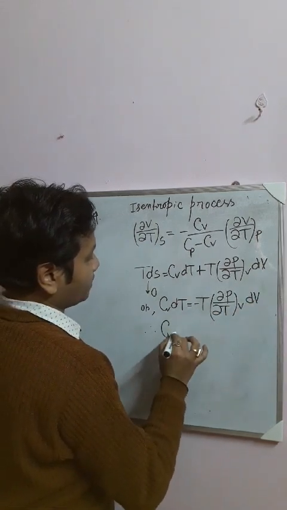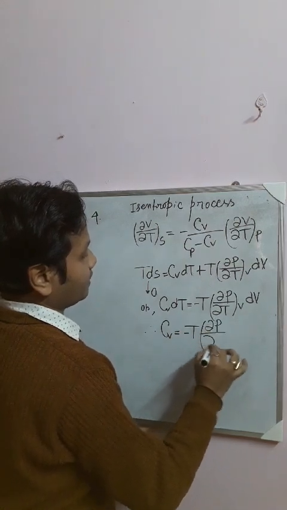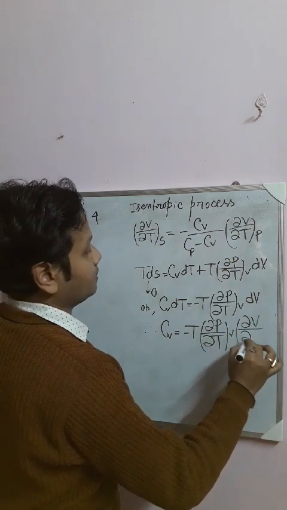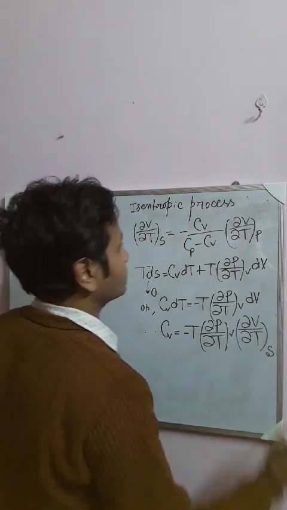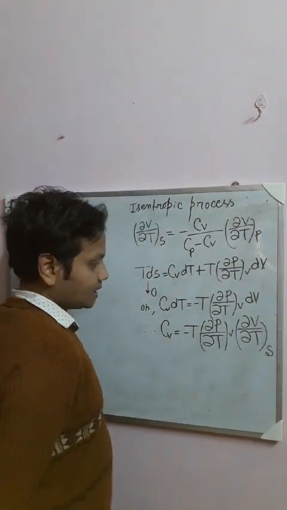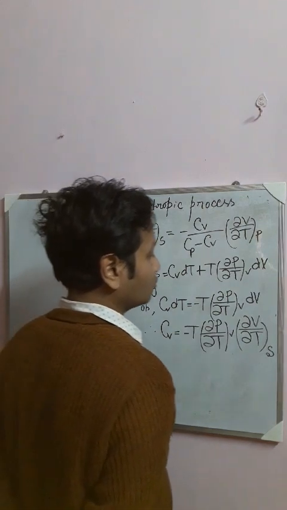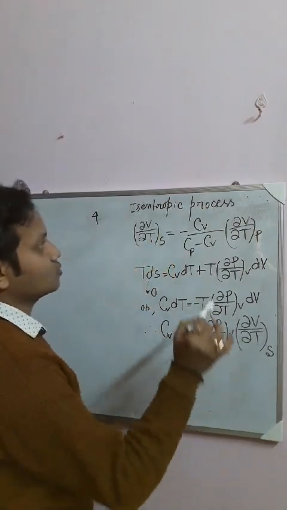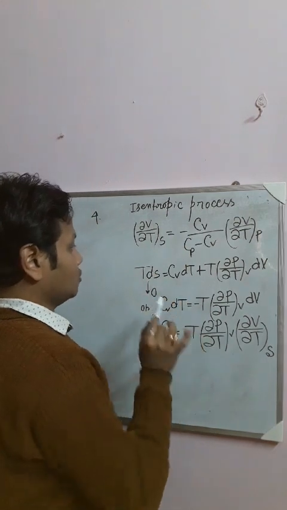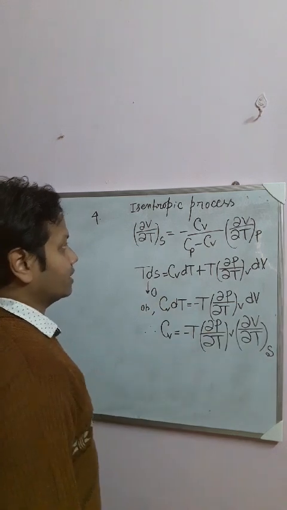From which we can write Cv equals minus T into del P del T at constant volume into del V del T at constant S. For an isentropic process, the change in entropy is 0, so on the left hand side we put 0.